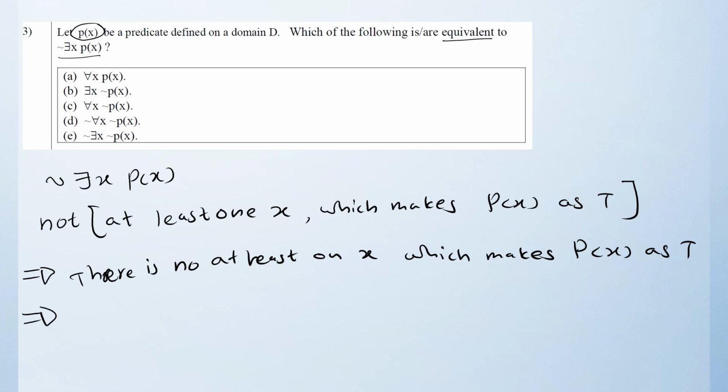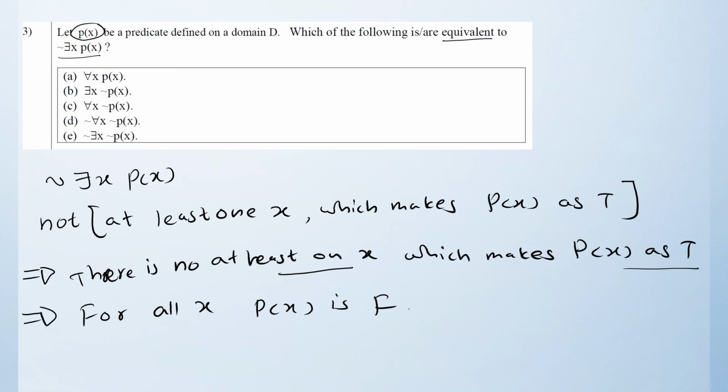Again, this is the same thing as for all x, P(x) is false. Since we do not have at least one x which makes P(x) true, that implies for all x, P(x) is false.